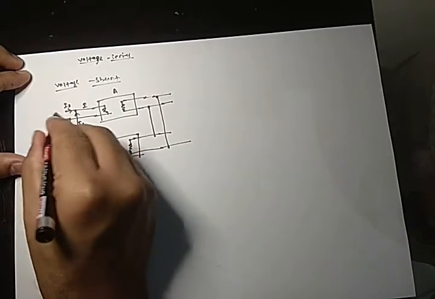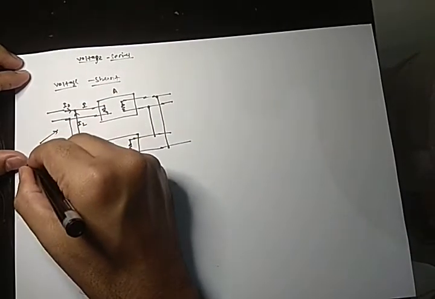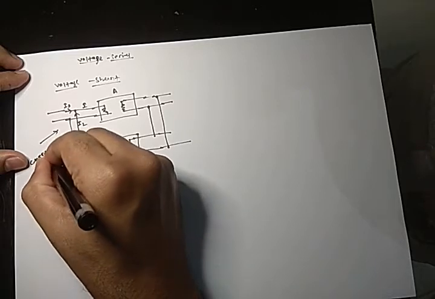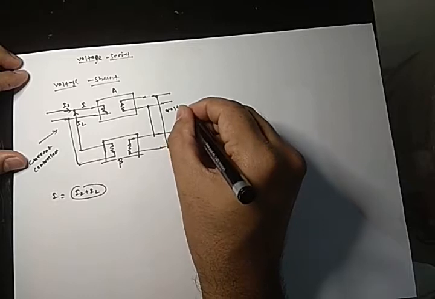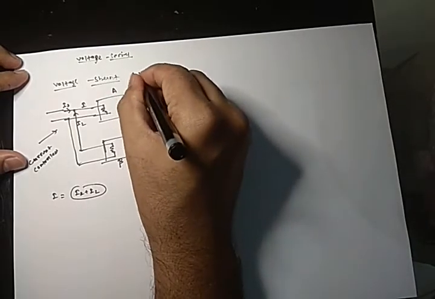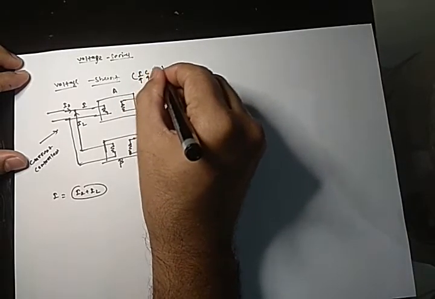Here we are making this a voltage shunt, meaning this side we are making current control, and we are sampling the voltage, so it is a voltage source, so it became a current controlled voltage source.